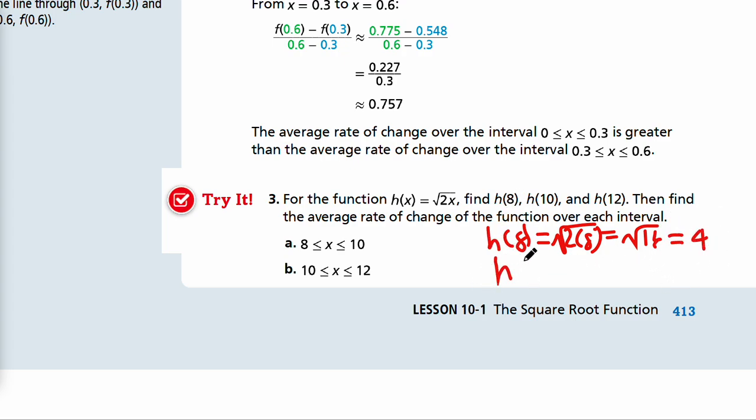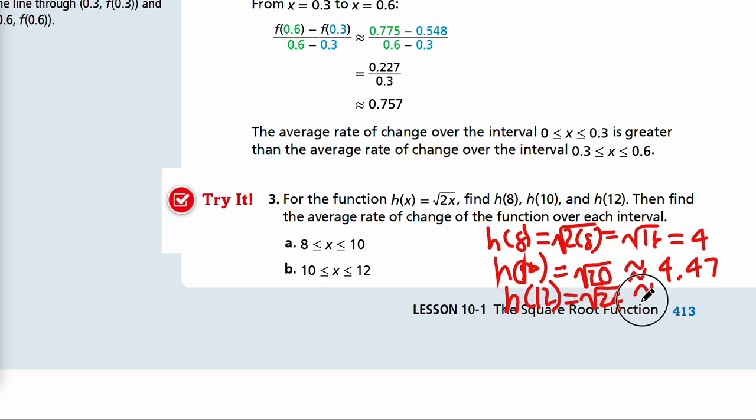So that's h of 8, and h of 10 is equal to root 20, which is about 4.47. And then h of 12 is equal to root 24, and that's also about 4.90.